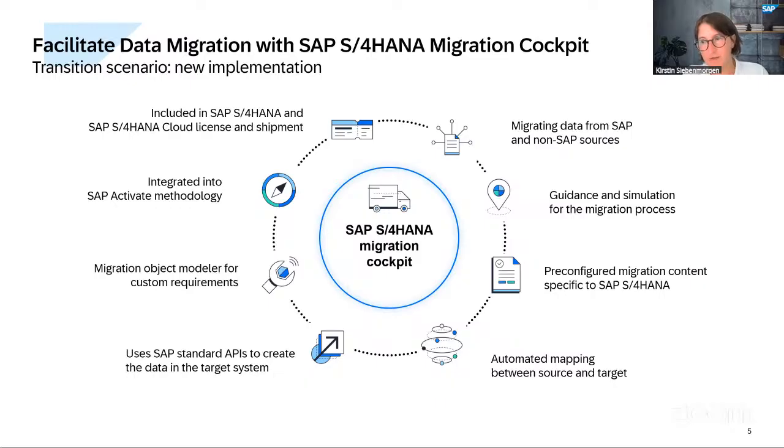And with these migration objects, you also get the automated mapping between the source and the target system, because if we're coming from an ECC source system and going to S/4, there have been some changes in the target structures, and this mapping is already implemented in the migration objects. With the migration cockpit, we use the standard APIs to create the data in the target system.